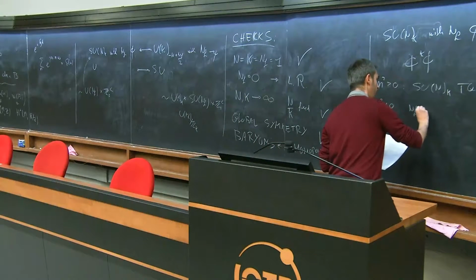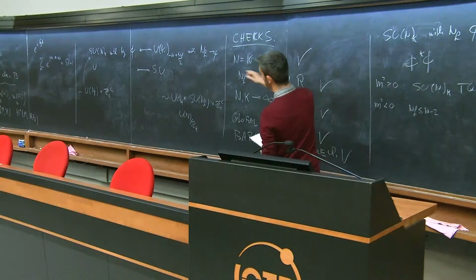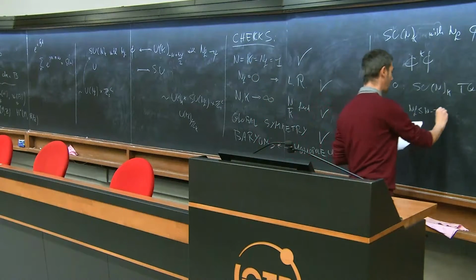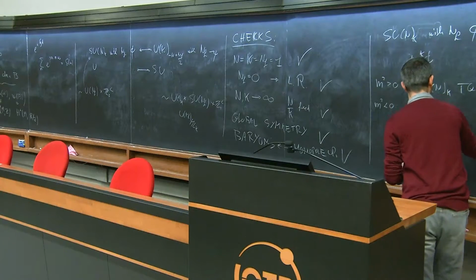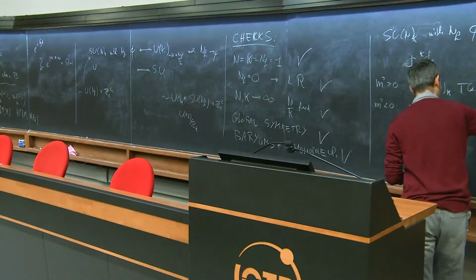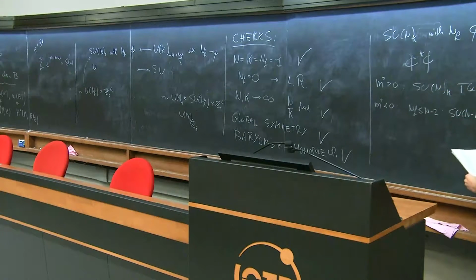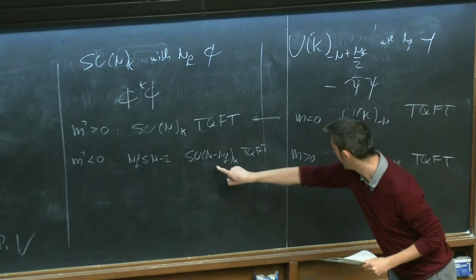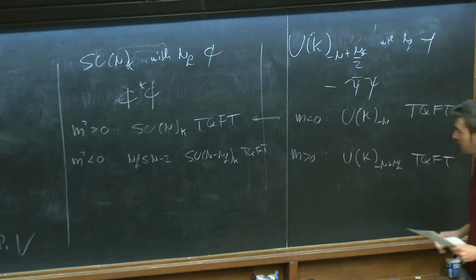If the number of flavors N_F is smaller or equal to N minus 2, they partially break the gauge group, and we are left with a topological field theory with smaller gauge group, SU(N minus N_F) at level K. This again is a topological field theory, and once again this nicely matches with the one here, again because of level-rank duality.